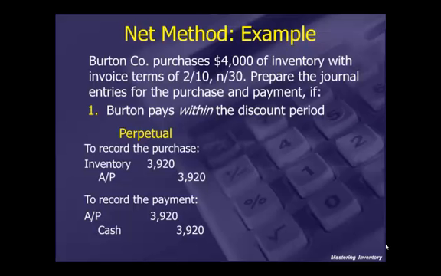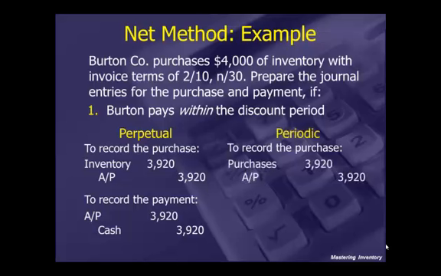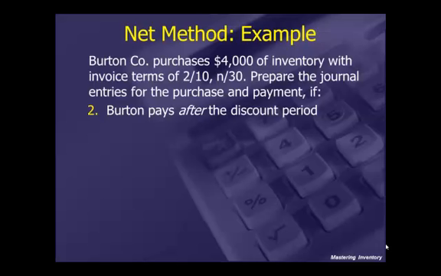We debit accounts payable, we credit cash. Periodic method, we debit purchases, $3,920, and we credit accounts payable because we're recording it as the net amount. To record the payment is debited to accounts payable and credited to cash.